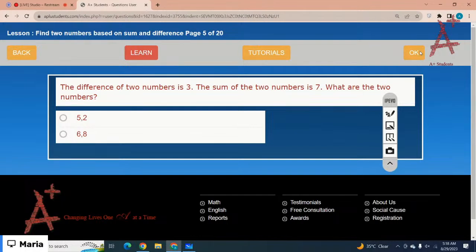When you add them, 5 plus 2 makes 7. And when you calculate the difference, 5 minus 2 is 3, right? When you add them, they make 7, and when you subtract them, they make 3.